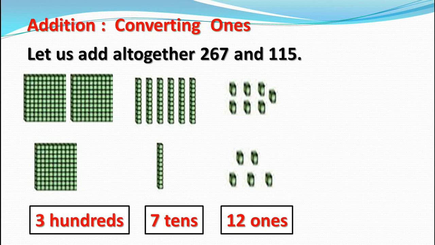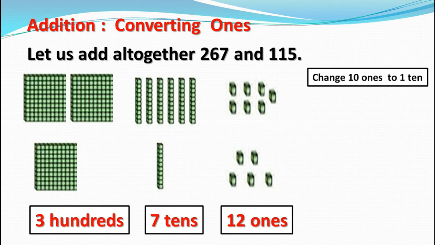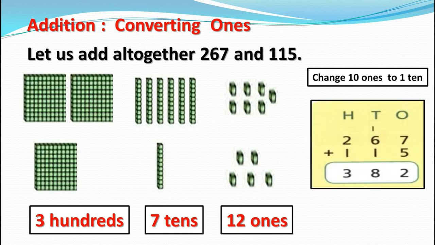Here are 12 ones. Keep in mind that we cannot write 12 in ones because 12 is greater than 9. Then what will we do? Yes, here we will change 10 ones to 1 ten. Let's see. 7 plus 5 equals 12. 12 means 1 ten 2 ones.